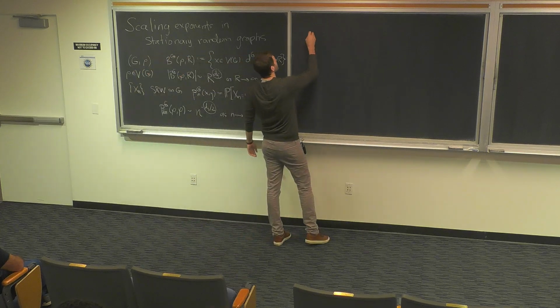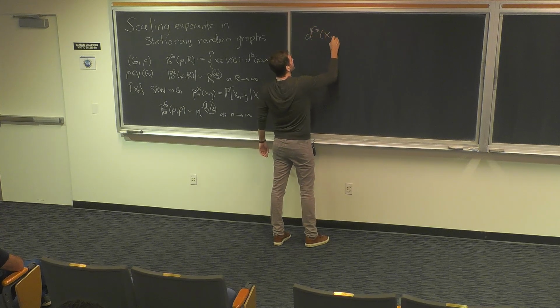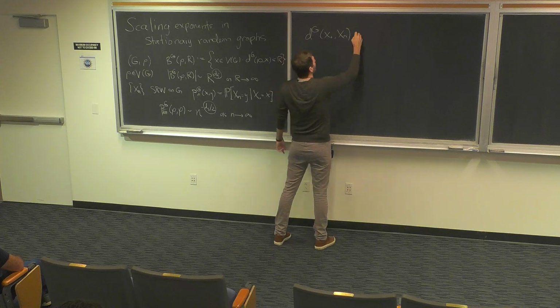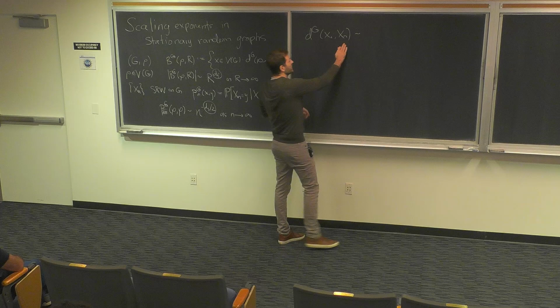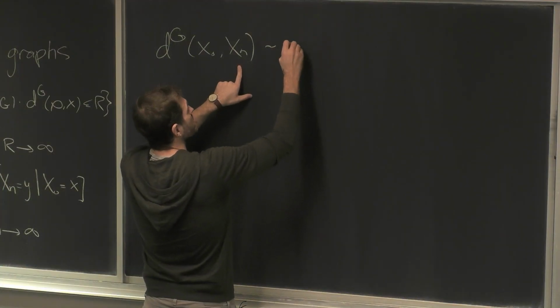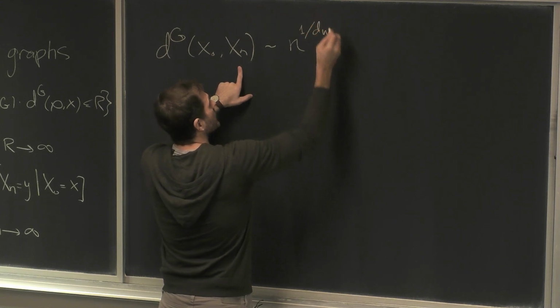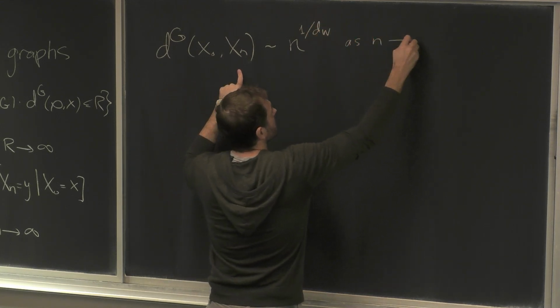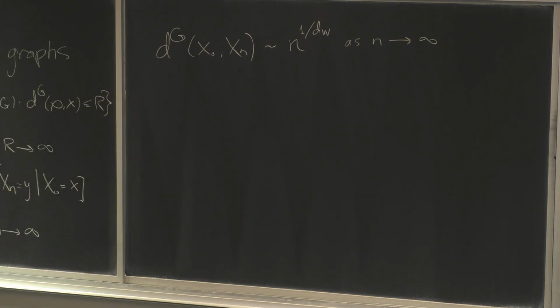So we can define the walk dimension, again informally, by looking at the rate of growth of the speed of the walk, the rate at which we move away from the starting point, as n goes to infinity. So those are three dimensions: the walk dimension, the fractal dimension, and the spectral dimension.